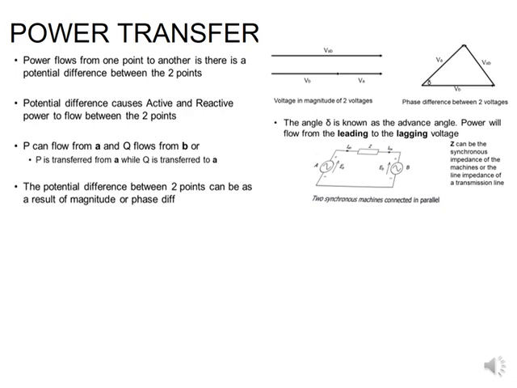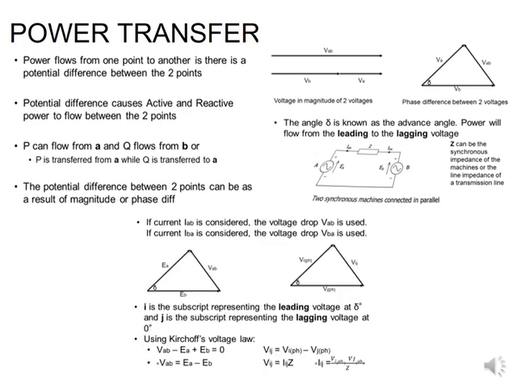So that Z or impedance can be the synchronous impedance of your machines, or it can be the line impedance of an actual transmission line that I have. In both cases, those would be seen as my interconnector between my supply point A and my supply point B.